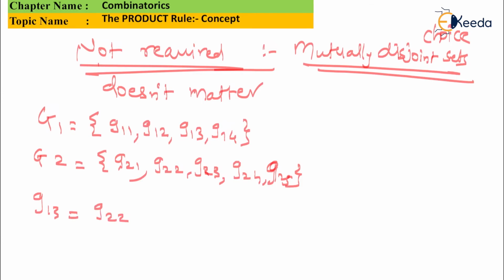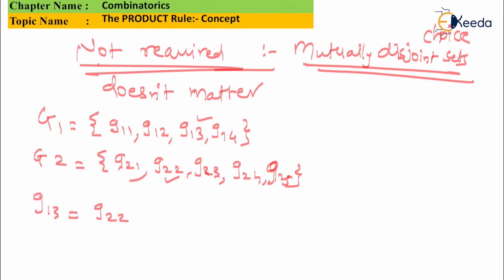That means the third garment in the first shop, whether it is t-shirt or jeans or trouser or shirt, whatever it is, is exactly the same as the second garment in the second shop. In all respects, they are exactly the same. So both the choices have something in common as far as you are concerned. According to shops, they are really different, but for you, it is one and the same thing. The prices are same, the dimensions are same, the utility is same. So for you as a customer, these two garments are not really different.